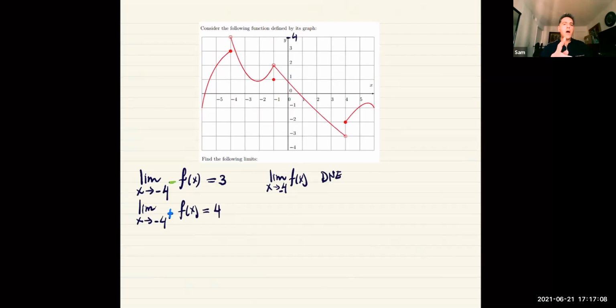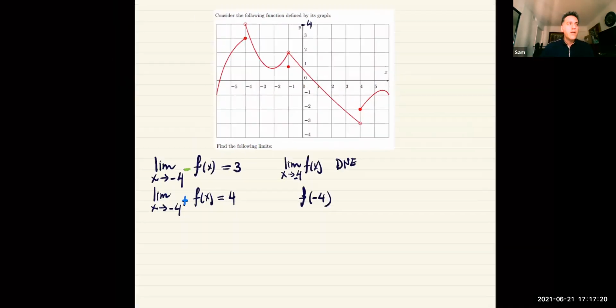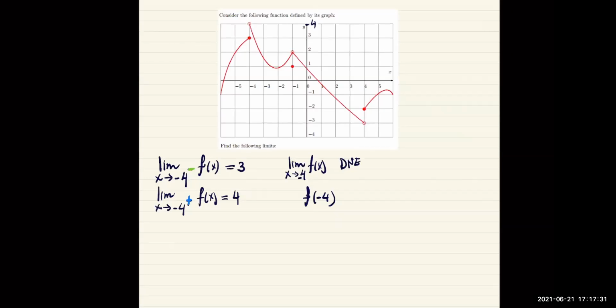Okay? Now, what about f of -4 itself? This is not a limit anymore. This goes back to algebra 1. Let's go with Noah. Noah, can you tell me what is the value of the function when x is -4? It would be 3, right? Because it's defined at, yeah. Exactly.